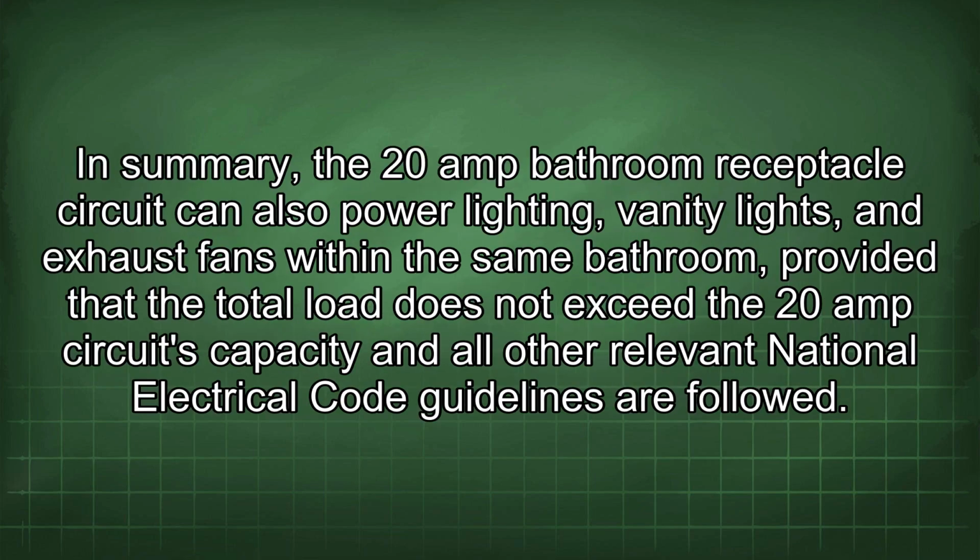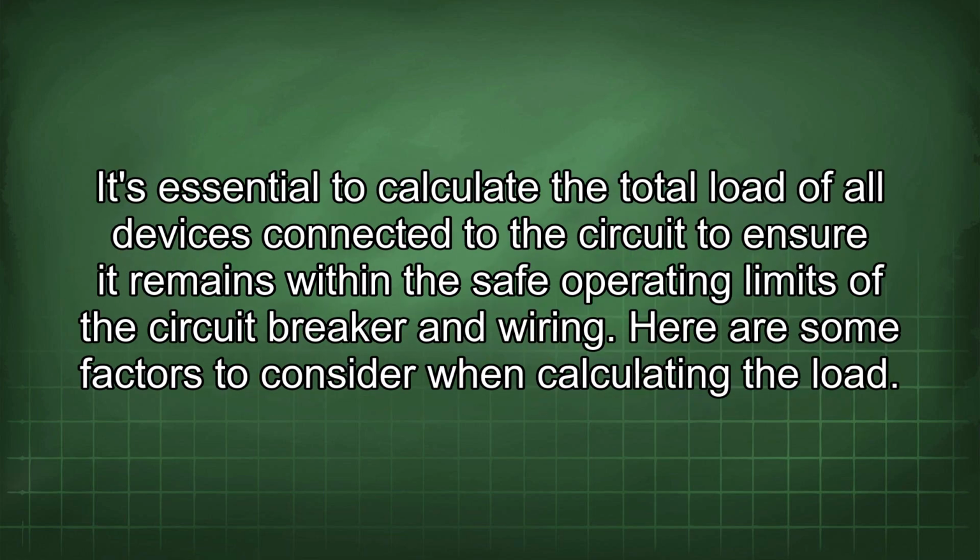In summary, the 20-amp bathroom receptacle circuit can also power lighting, vanity lights, and exhaust fans within the same bathroom, provided that the total load does not exceed the 20-amp circuit's capacity and all other relevant National Electrical Code guidelines are followed. It's essential to calculate the total load of all devices connected to the circuit to ensure it remains within the safe operating limits of the circuit breaker and wiring.